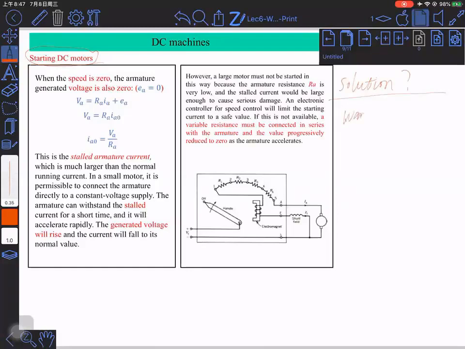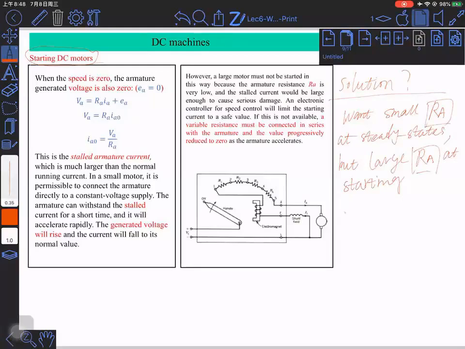We want small RA at a steady state, when the machine speed reaches a certain level. But we want large RA just at the starting process. So what can we do? How can we change RA?